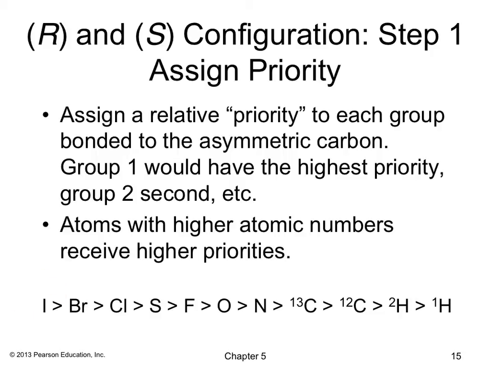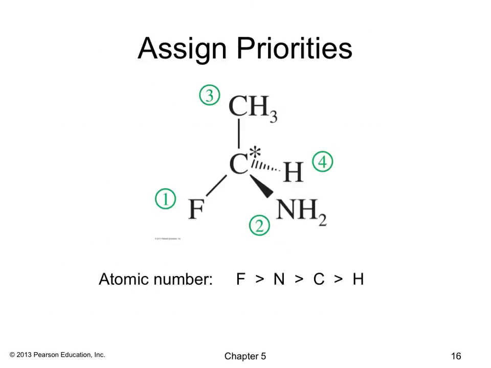Iodine is the highest in priority, followed by bromine, chlorine, sulfur, etc., in this order. So let us assign priorities for this molecule. This is a stereocenter carbon, chiral center, in which they have 4 different things attached to it. Priority will go 1 for the fluorine, NH2, CH3, and then H. And that's based on atomic number as well as that ordering that I had shown you before.